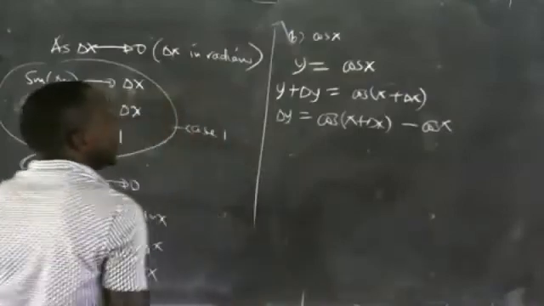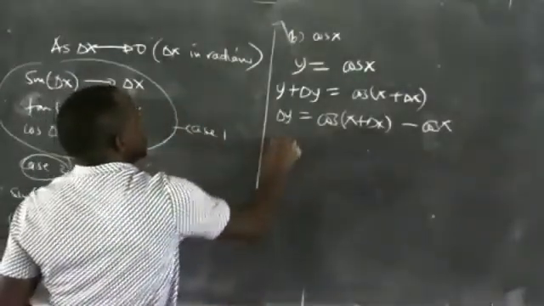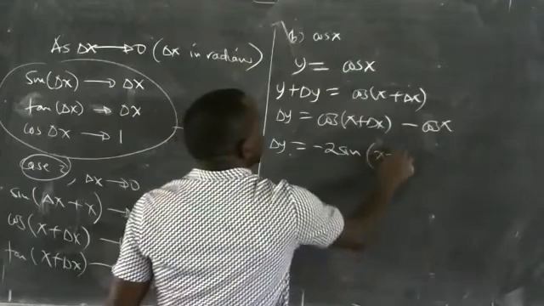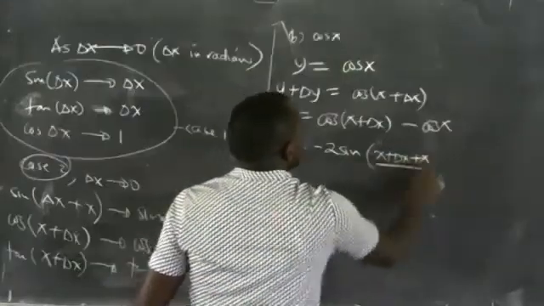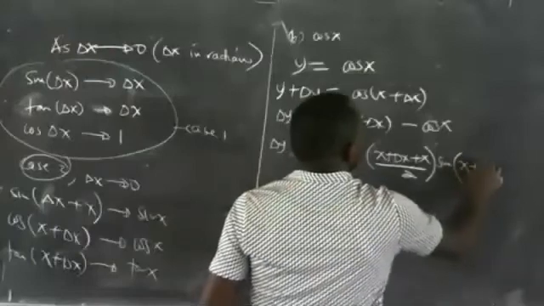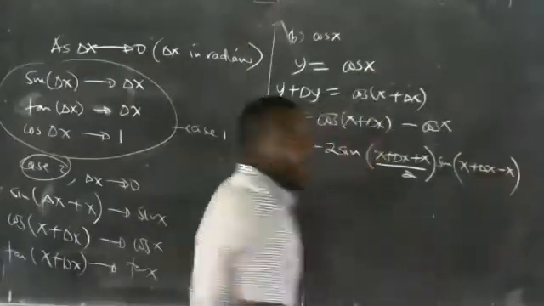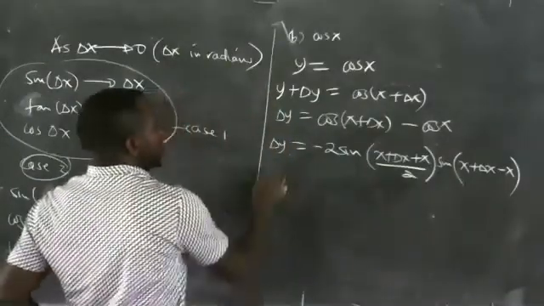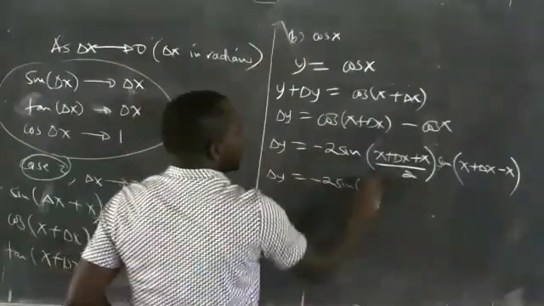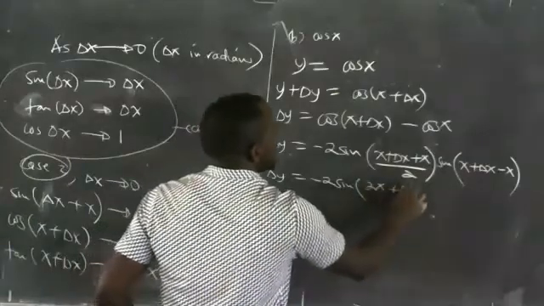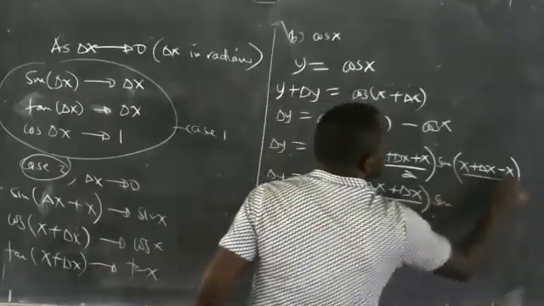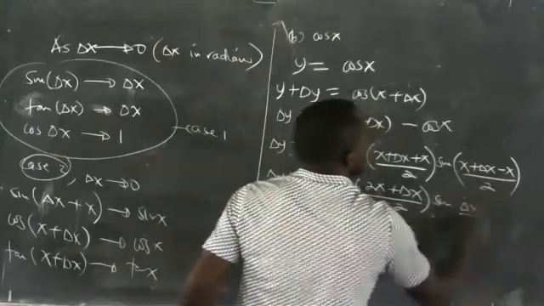Now apply the factor formula, which gives change in y equals negative 2 sine of (x plus change in x plus x) divided by 2, then sine of change in x divided by 2. This has gone.